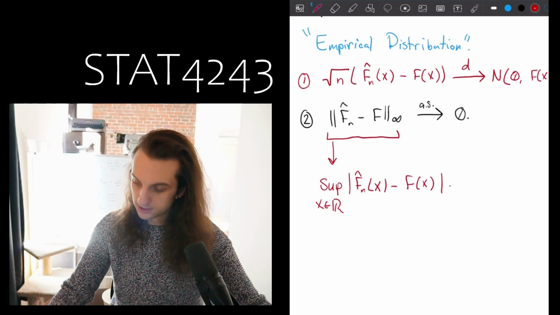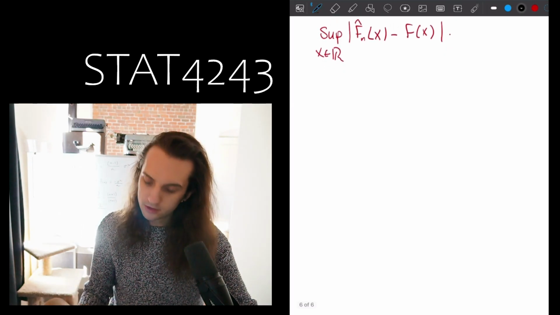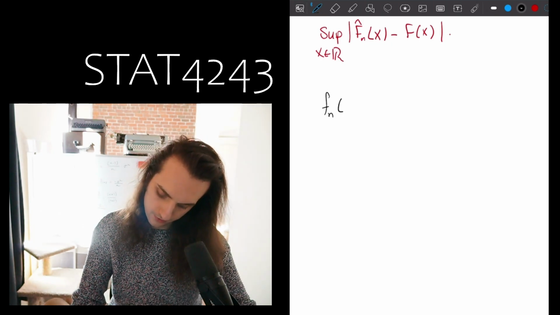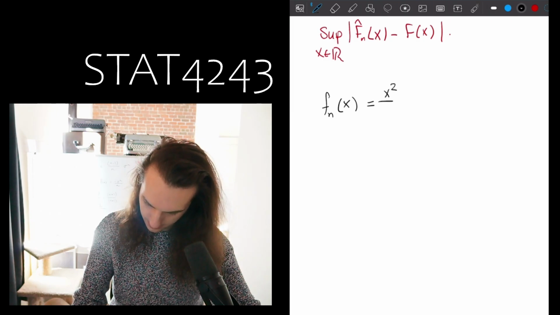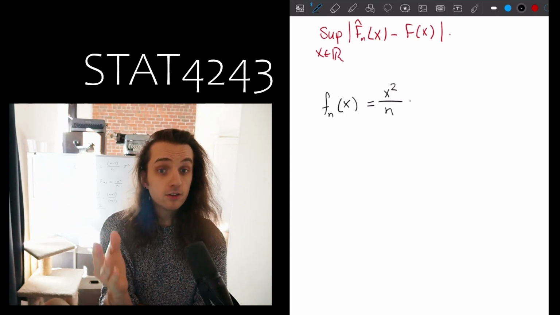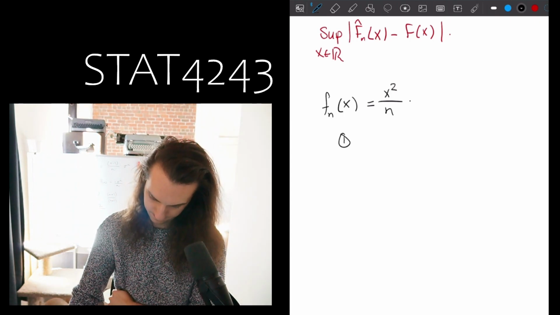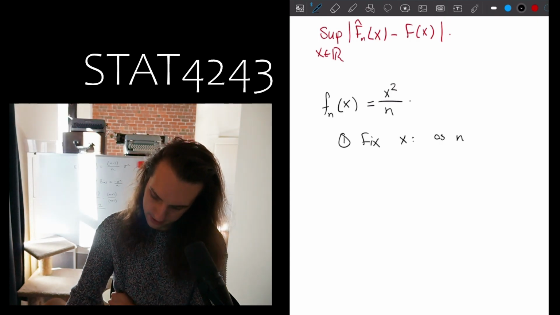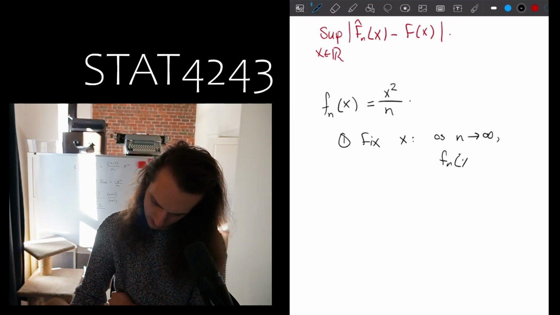And so how can we think about that? Well, it's not an exact apples to apples comparison, but if you think about a function like, say, f_n(x) equals x squared divided by n. Now, if you fix any value of x, then as n goes to infinity, f_n(x) goes to 0.